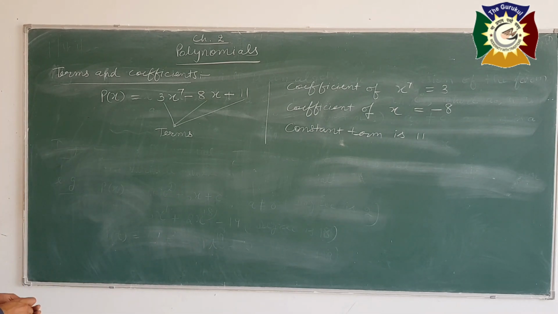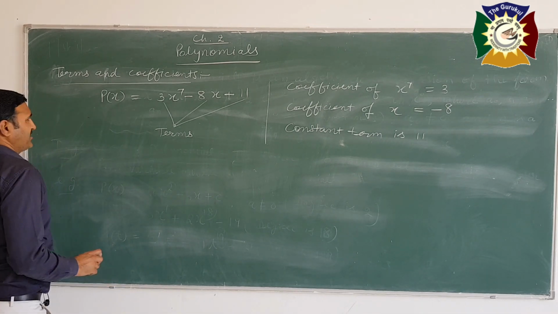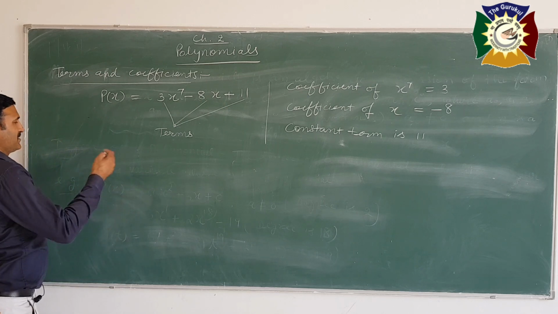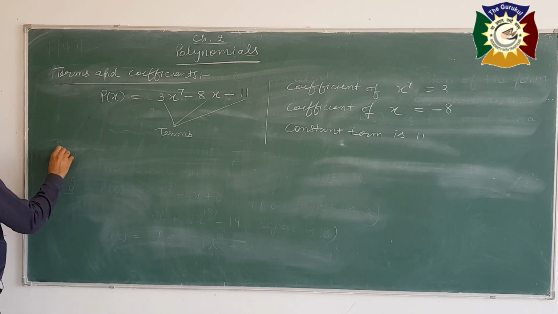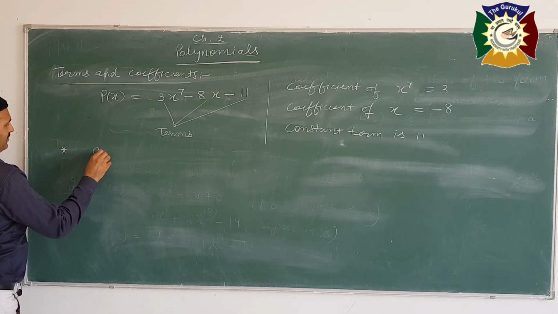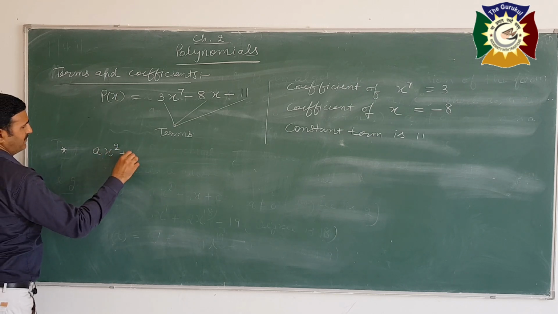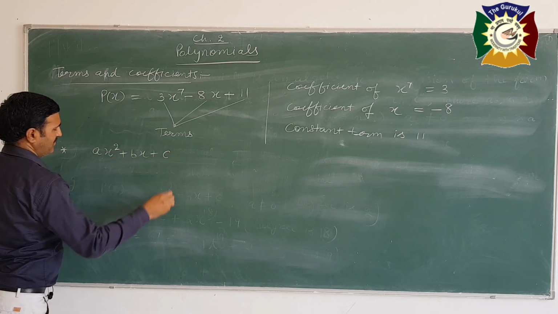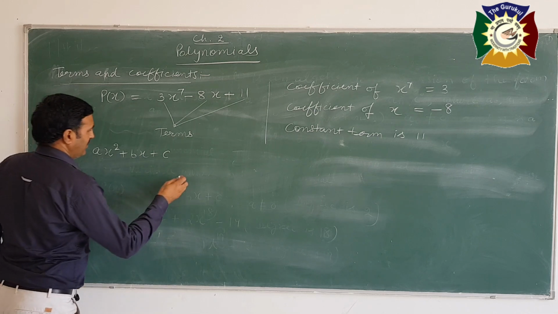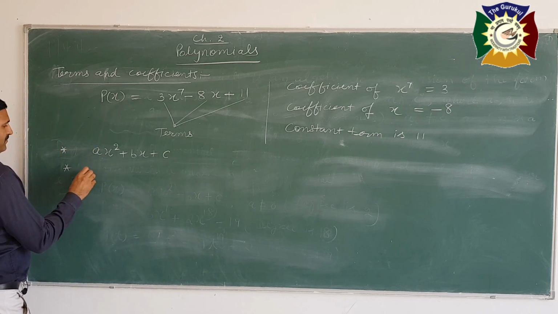Now, what is the difference between the literal coefficients and numerical coefficients? Another example, this is a polynomial and this is also a polynomial.